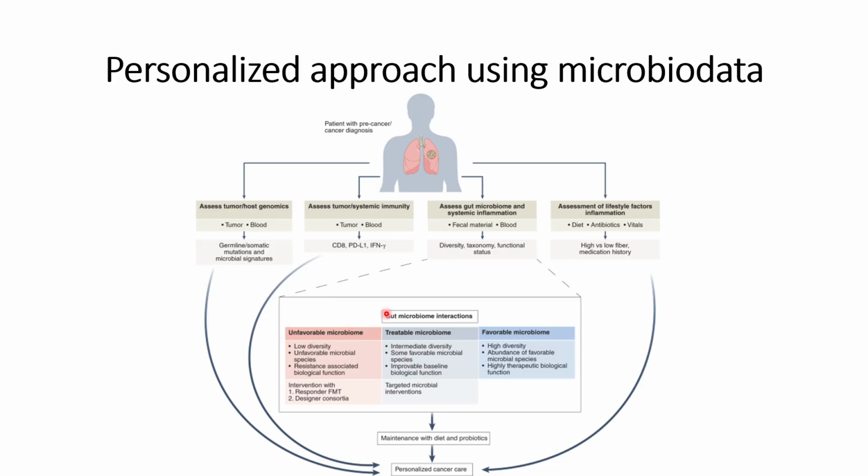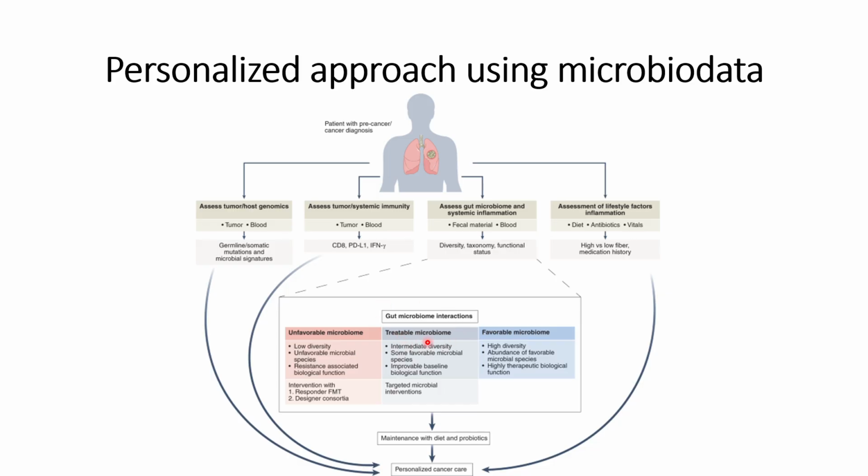The unfavorable microbiome can be categorized as low diversity, with resistance associated to biological functions, and unfavorable microbiome species which are either causing a pro-tumorigenic effect or affecting the normal functions of the patients.